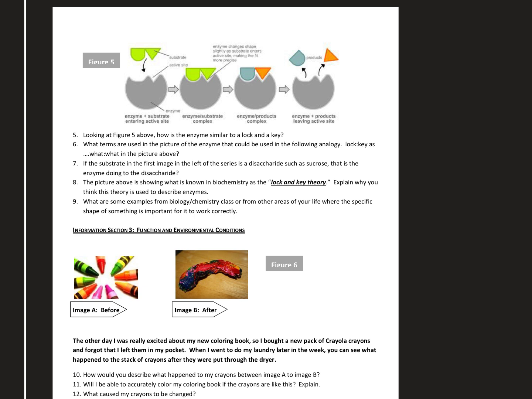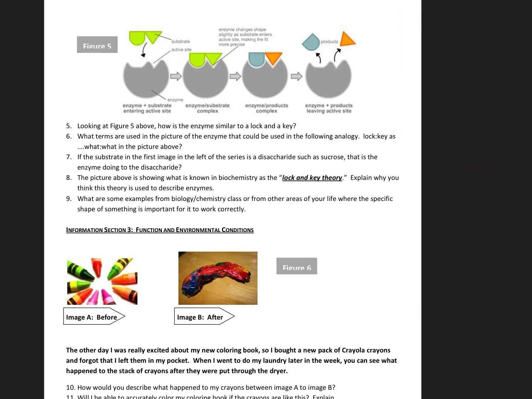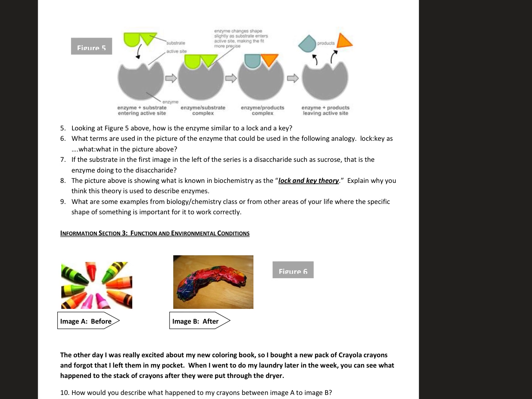So maybe it bonds to water and then it makes hydrogen and oxygen. Maybe it bonds to some other molecule and splits them up. But in any case, you start with a reactant that's made of specific components, and then it binds, and what you get is some products, right?